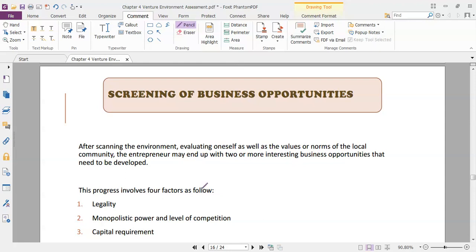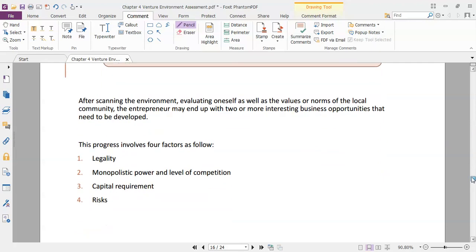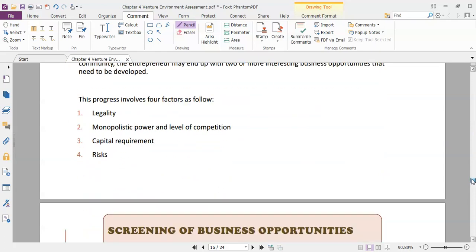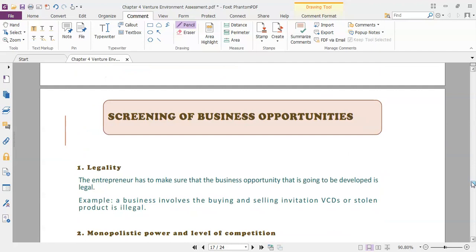This process involves four factors as follows: legality, monopolistic power and level of competition, capital requirement, and also risk. Let's look at them one by one.